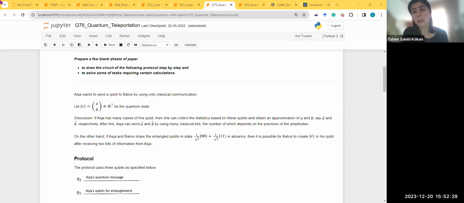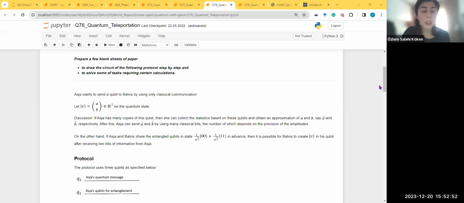And also, again, this might be used for secure communication. But the important thing here is we are not teleporting something physical, which is sometimes a misuse of the word teleportation. Here we are sending information. We are sending the quantum state actually.